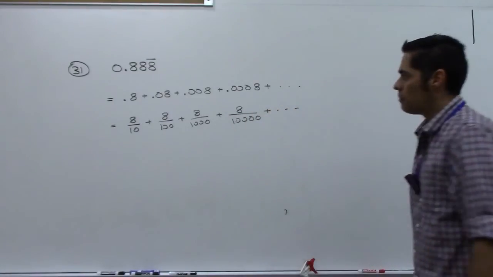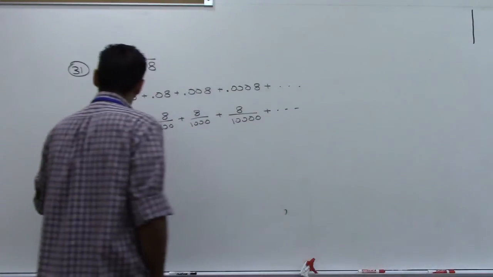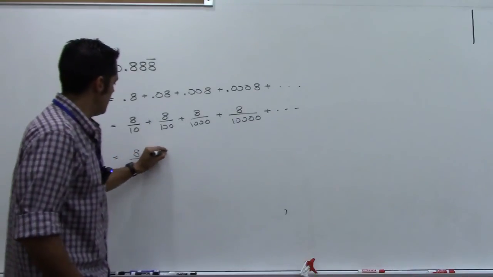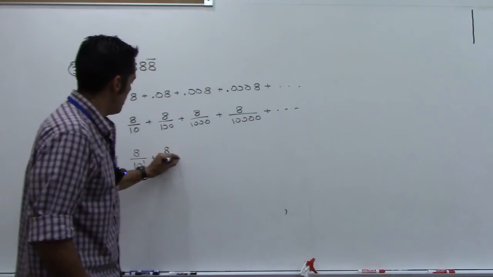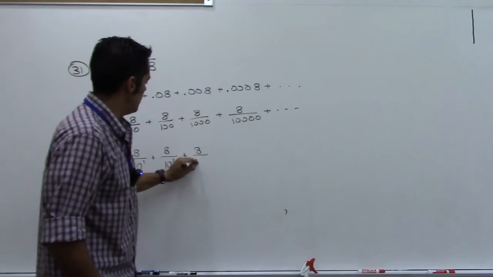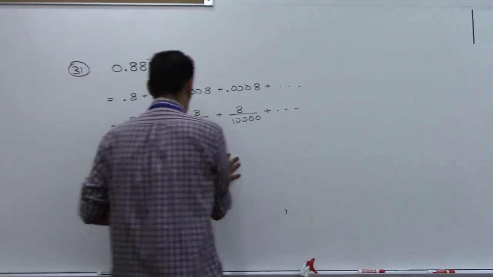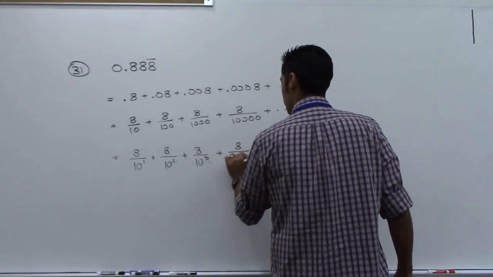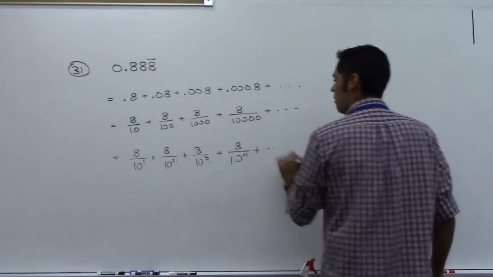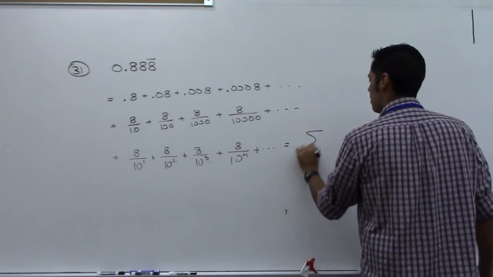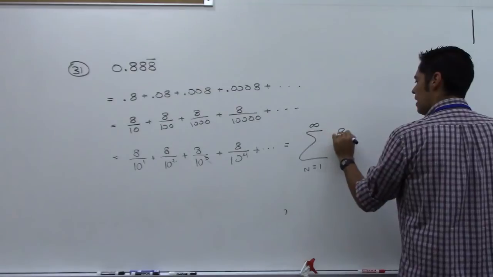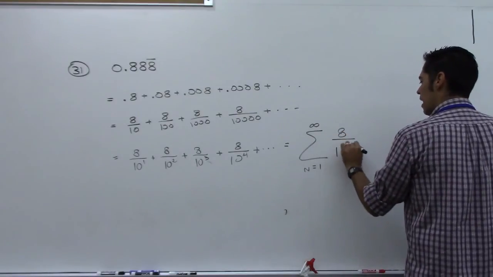But this is equal to 8 over 10 to the first power, 8 over 10 squared, 8 over 10 cubed, 8 over 10 to the fourth, and so on and so forth, which is equal to the sum as n equals 1 to infinity of 8 over 10 to the n.